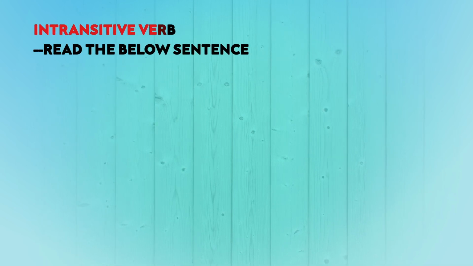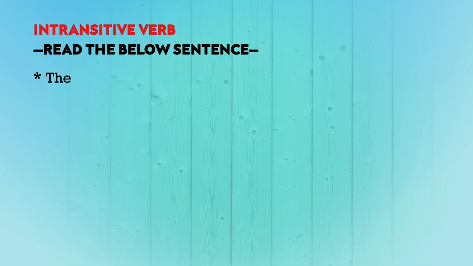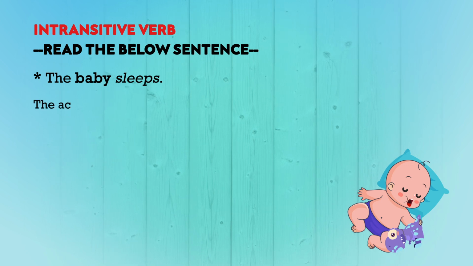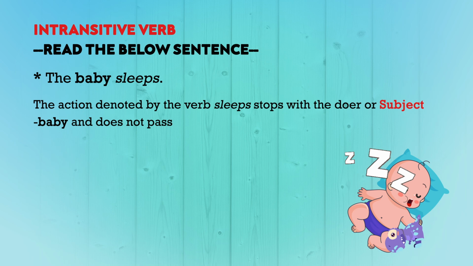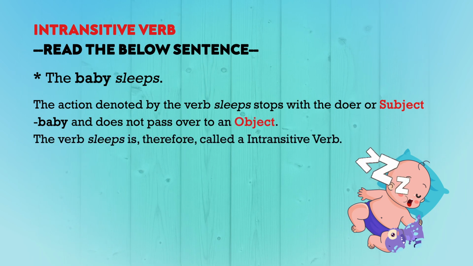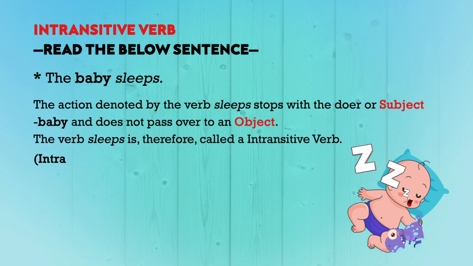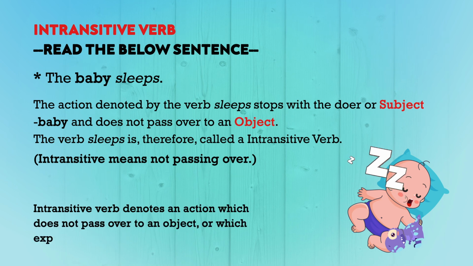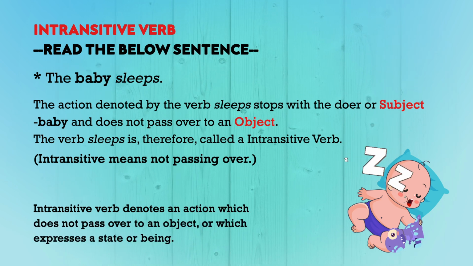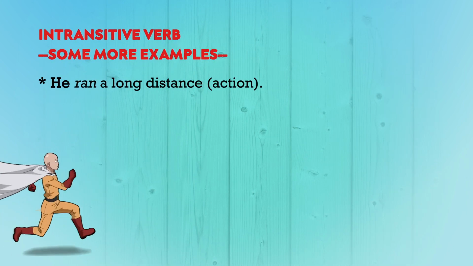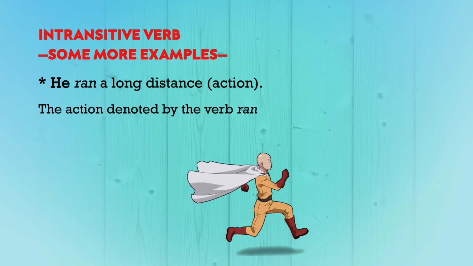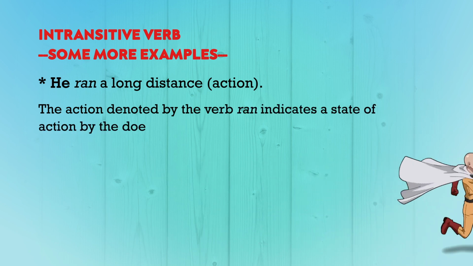Now let us look into some intransitive sentences. The baby sleeps. Here the verb sleeps doesn't pass on to any object and therefore it is intransitive. He ran a long distance. Here also there is no object in the sentence.